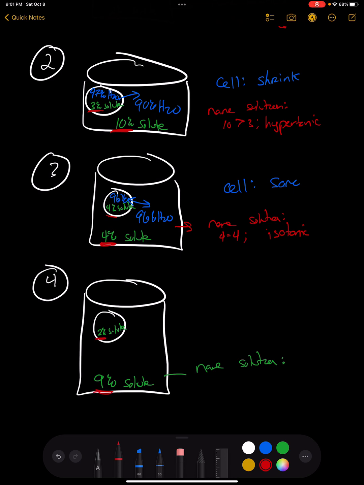So think to yourself, is 9 bigger or smaller than 2? 9 is bigger. So which word meant more or bigger? That was hypertonic. And if I make up the difference in water, so here's 91% water, here's 98% water. Water moves from high to low. 98's bigger, it moves out, so that means my cell will shrink.